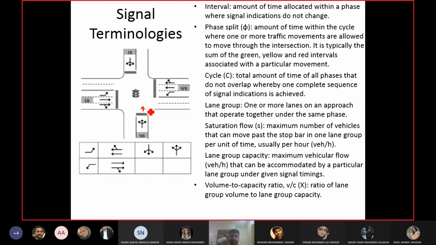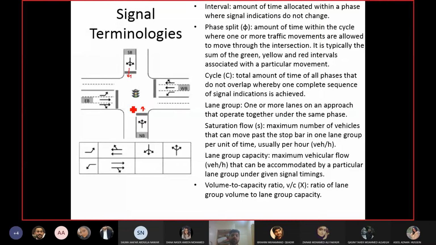So you have this green, and then maybe with this green, this side also becomes green after a few seconds. So that is another interval. This is still green, but at the same time you have the green from the other side as well.